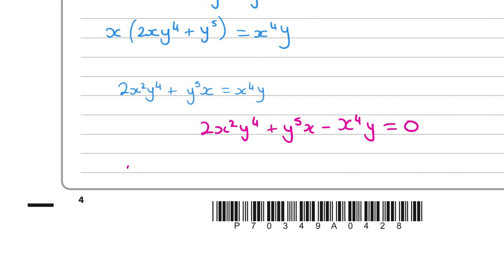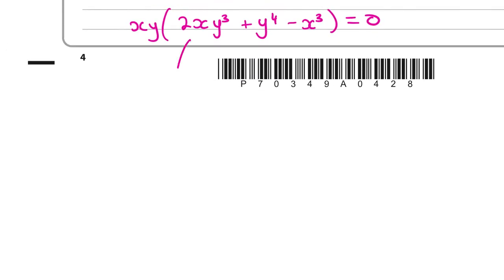Now if I factorise out an x and a y, I'm going to get 2xy cubed plus y to the power of 4 minus x cubed equals 0. So that means xy equals 0, or it means that this equals 0.